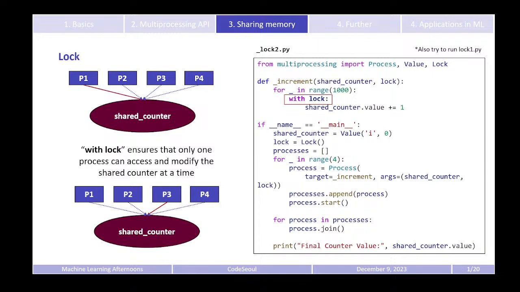The main difference here is that we say with lock, and then we define what should be modified within this lock while it's locked. In that case, we can have our final shared counter behave the way we originally planned.